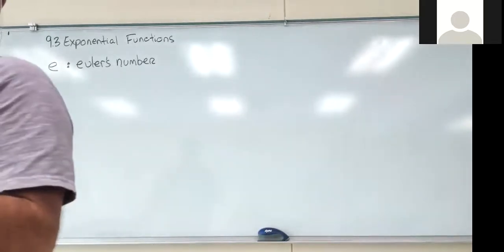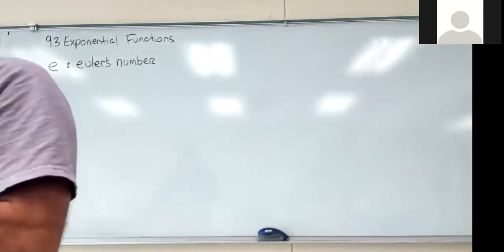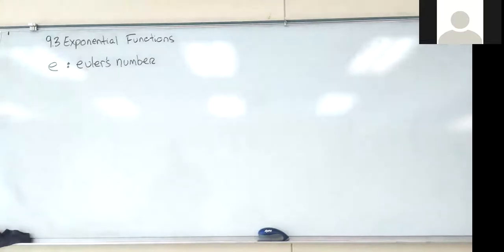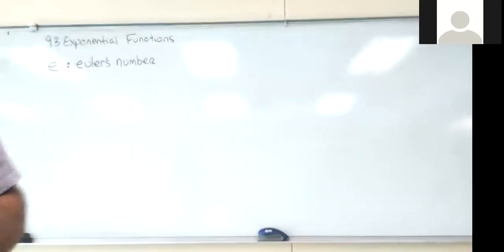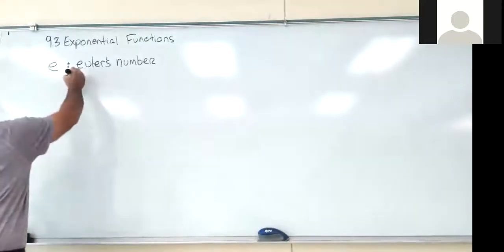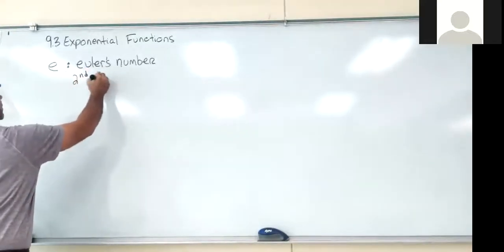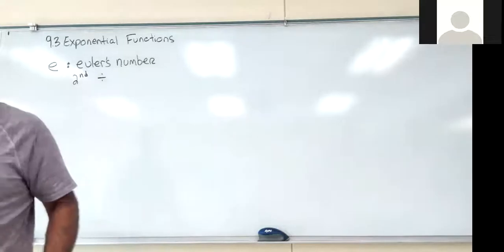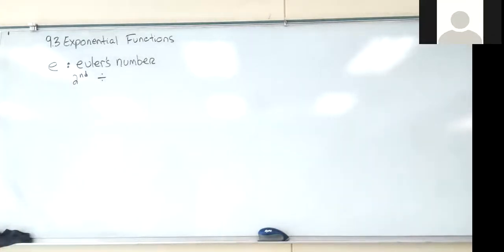So on your calculator, you got the E in two places. The first place on your calculator to find the little E is if you hit the second and then the division. You should see a little blue E right above the division sign there. So if you hit the second button and then the division, it'll put the E on your screen.